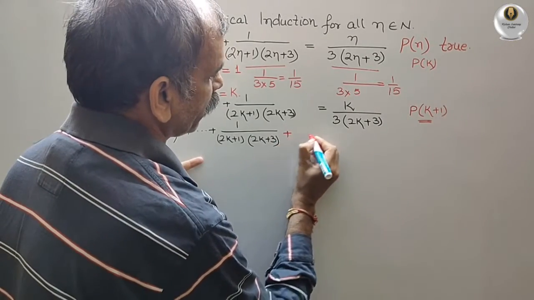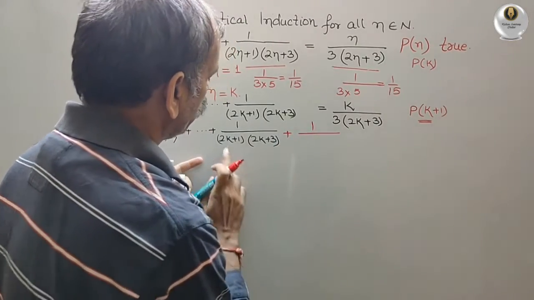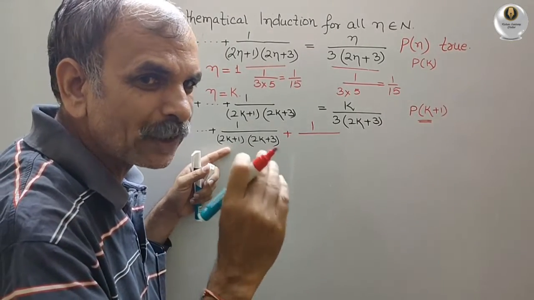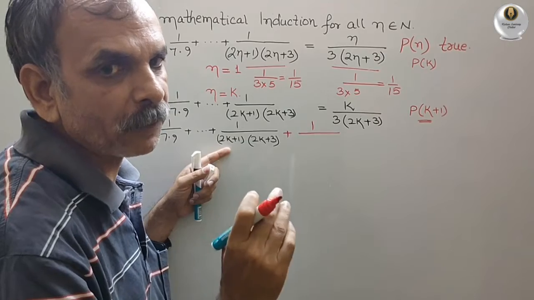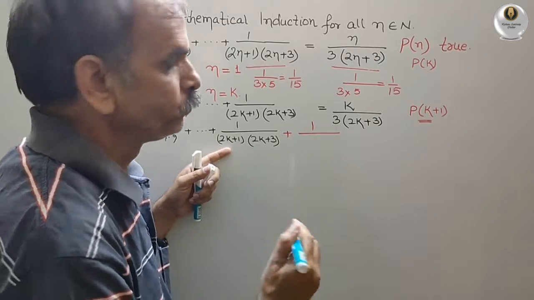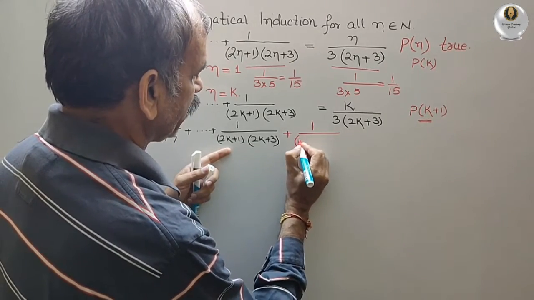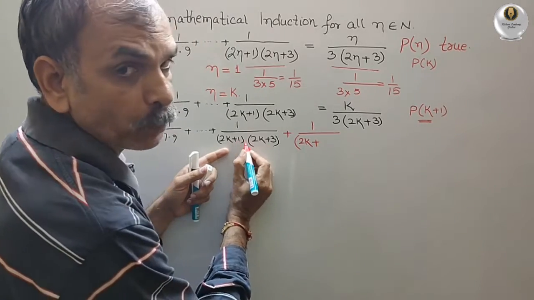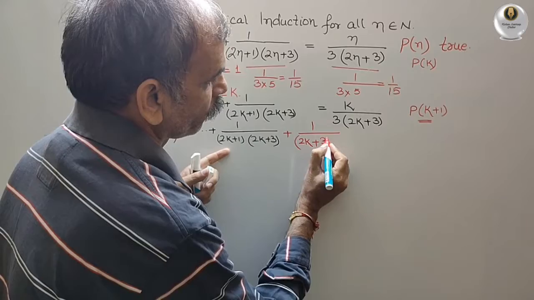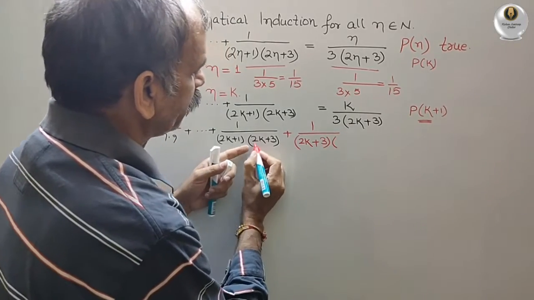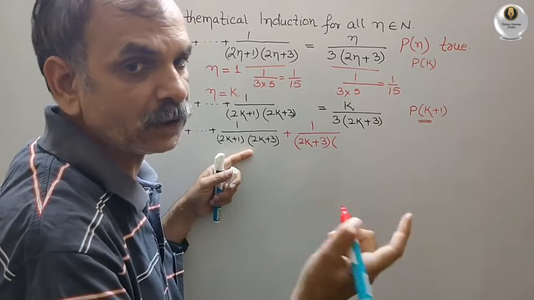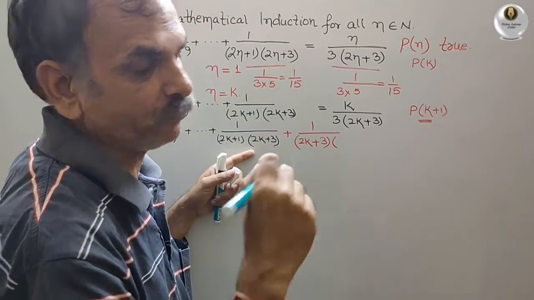Therefore here it will come as 1 by, now instead of k you have to write k plus 1, so 2 into (k plus 1) is 2k plus 2. So here it will come as 2k plus 2 plus 1, that is 2k plus 3. And here it will come as 2k plus 2 plus 3, that is 2k plus 5.